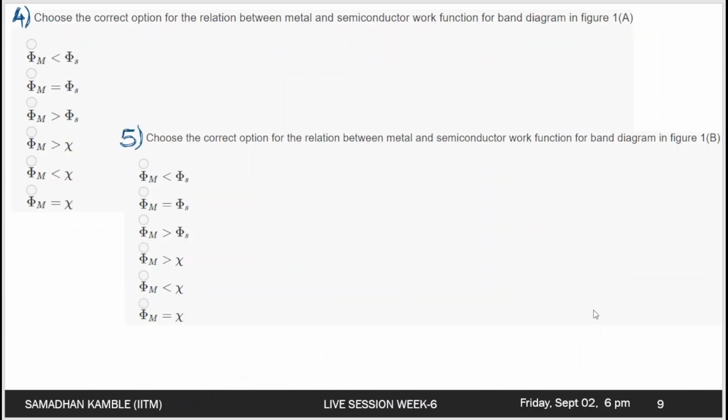If you draw the vacuum levels for the B case, it will be the opposite of the case we saw for figure 1a, and in this case electrons will flow from the metal into the semiconductor.